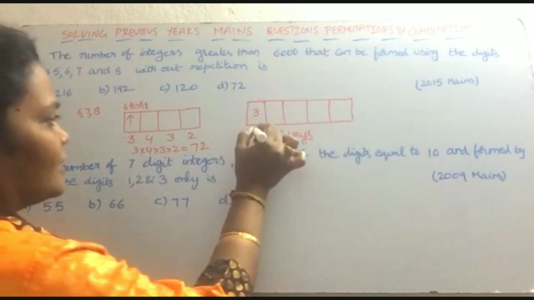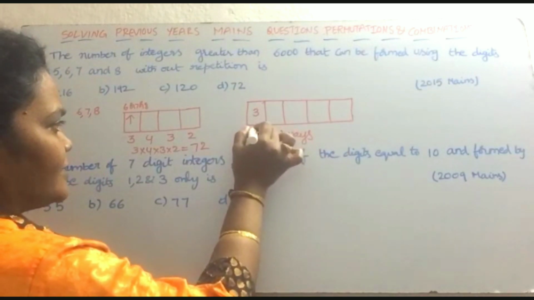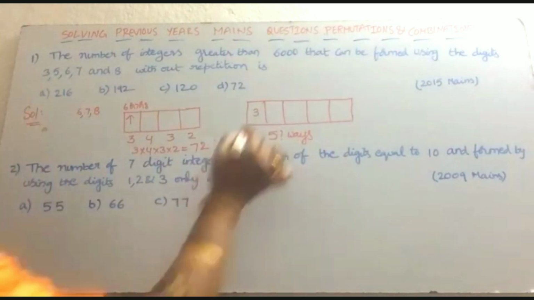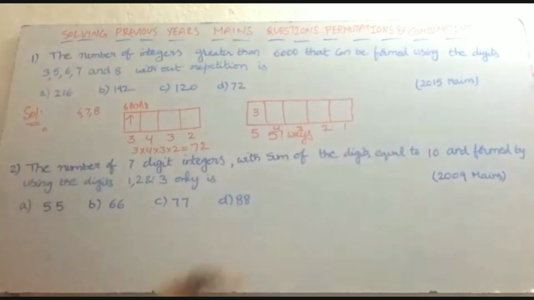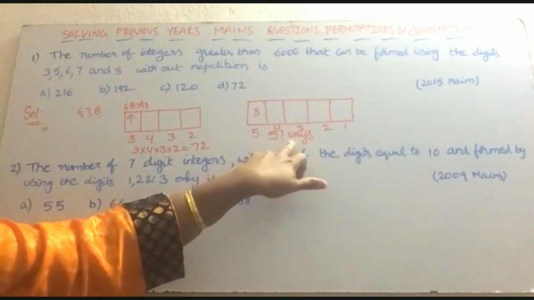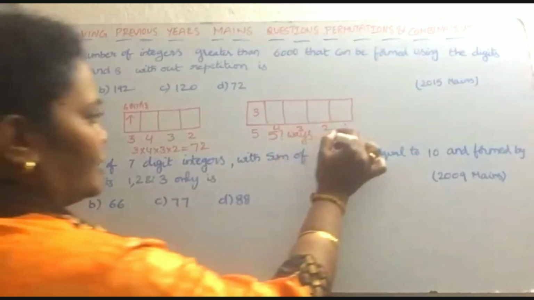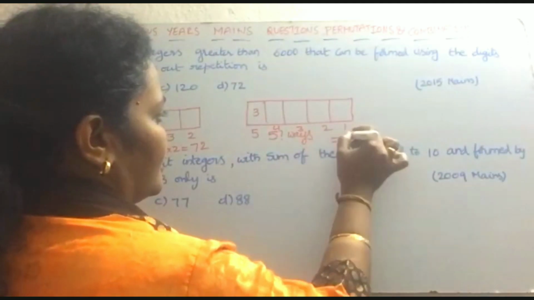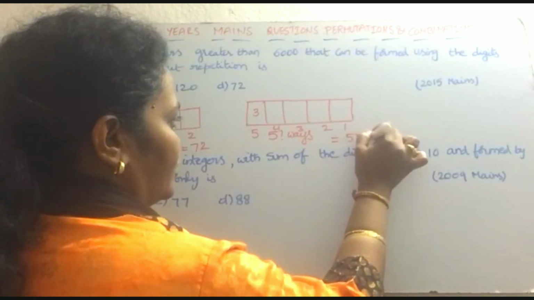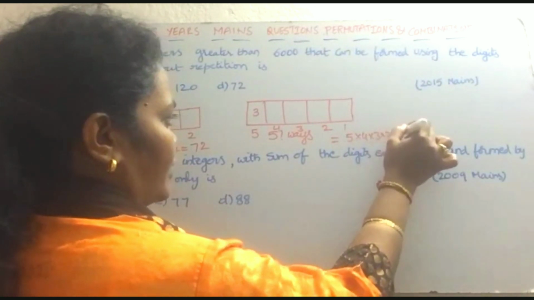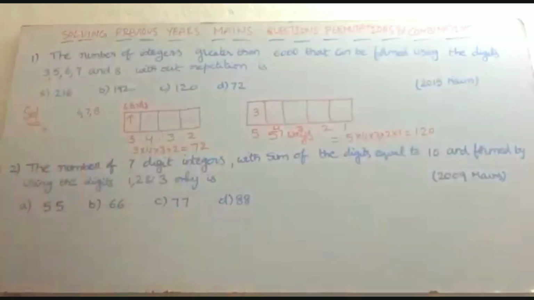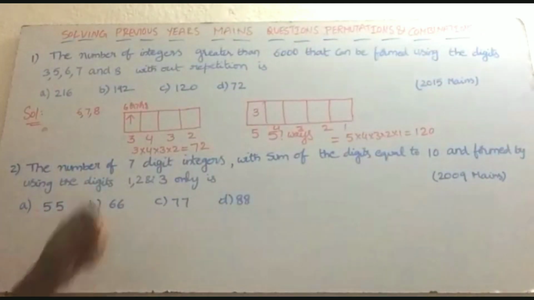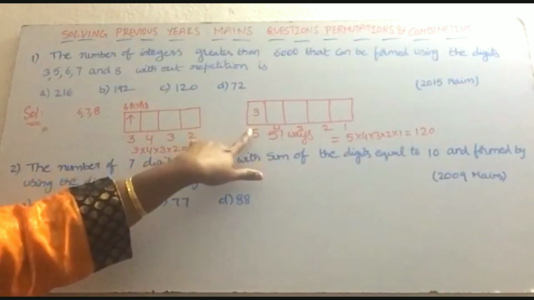That means 5 ways for the first place, then 4, 3, 2 and 1. This is nothing but 5 factorial, which is 5 into 4 into 3 into 2 into 1, that is 120.